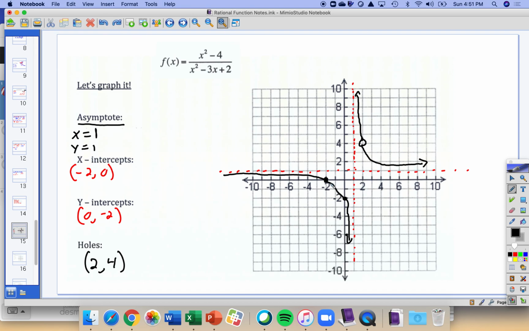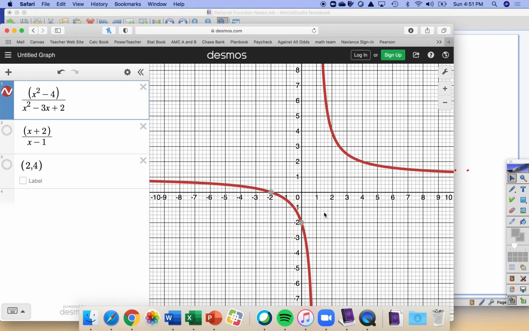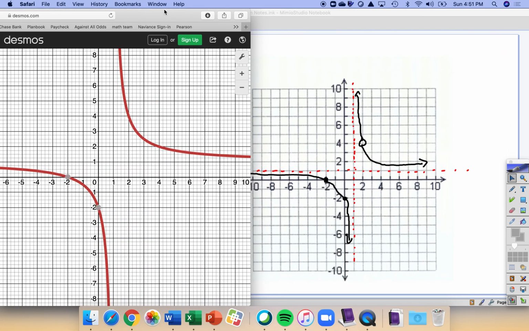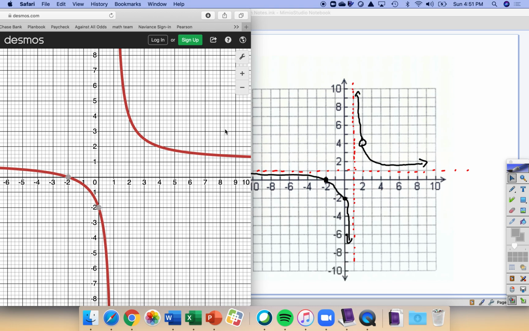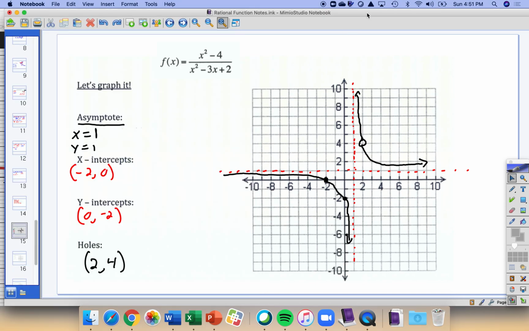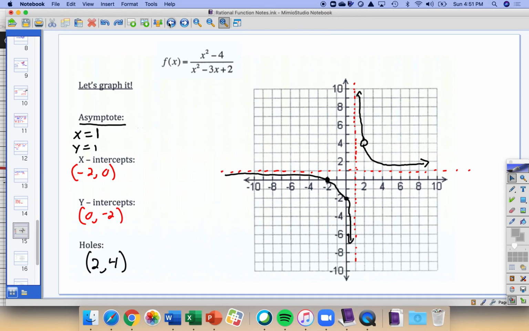And this is the rough estimate of how my graph looks. Let's compare it to Desmos. Boom, wow, that looks pretty close. Right? Look at that. Okay. So I use my characteristics to plot them on a graph and then use the asymptotes to guide my function.